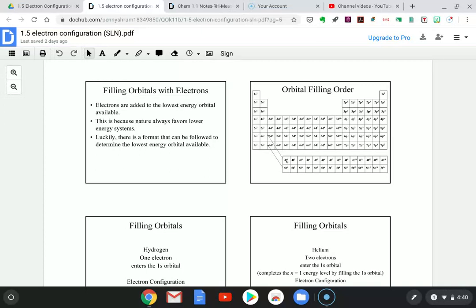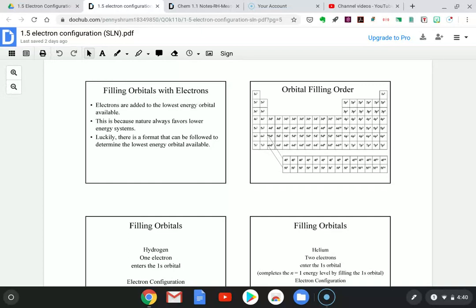Same thing happens down here when we get to the F block. It looks like these go in right here, and it looks like for those Fs, we should be in either the 6th energy level or the 5th energy level, but in fact, we're in the 4th energy level. And so realize that there's kind of this weird trend that happens there.